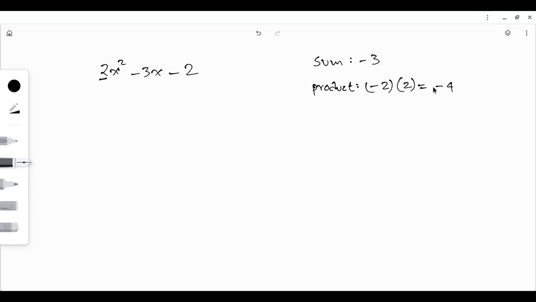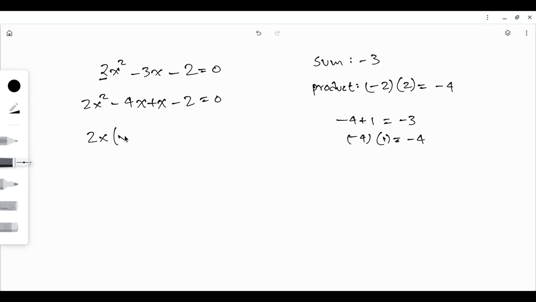Now one way to do that would be the numbers negative 4 and 1. Because negative 4 plus 1 gives me negative 3. And negative 4 times 1 gives me negative 4. So I go ahead and do that: 2x squared minus 4x plus x minus 2 equals 0. Now the GCF here, instead of just being x like in the previous case, is going to be 2x.